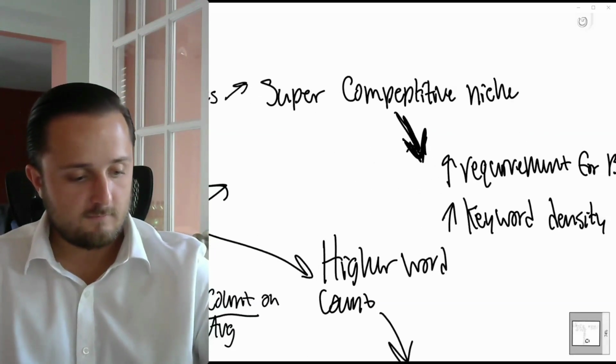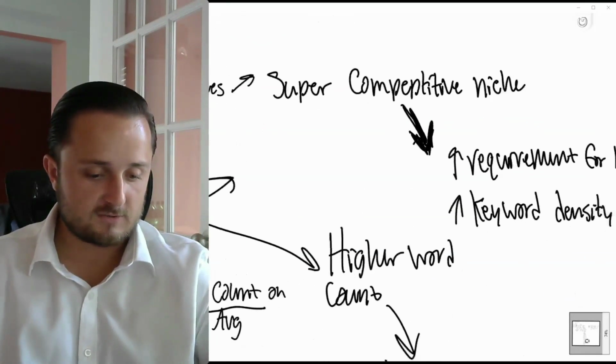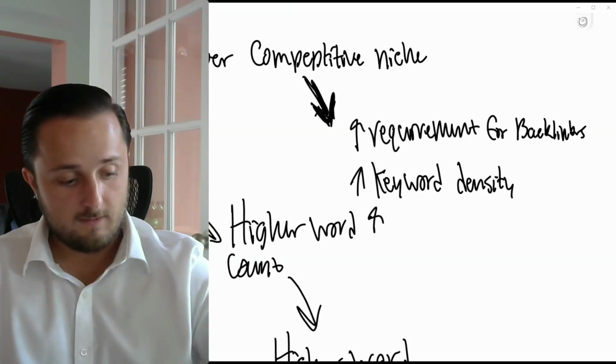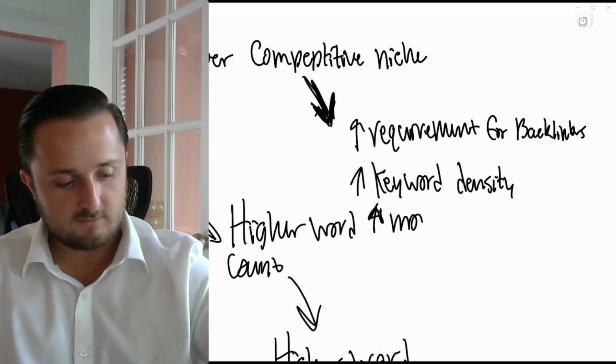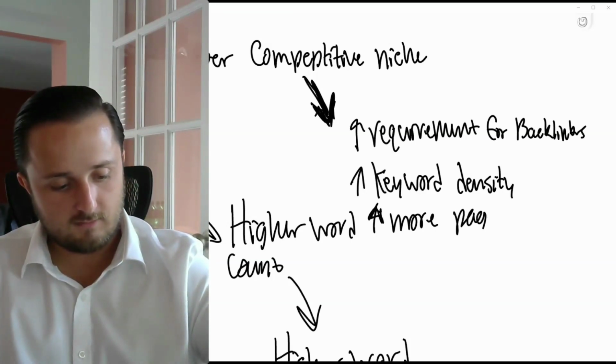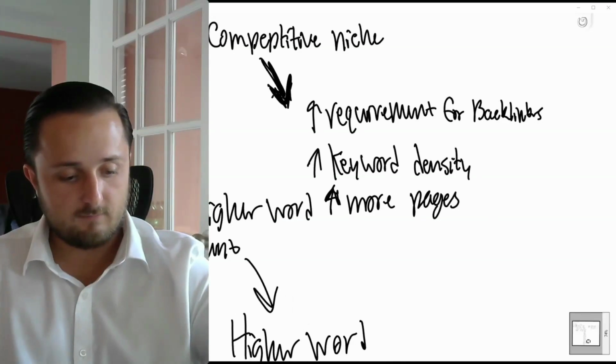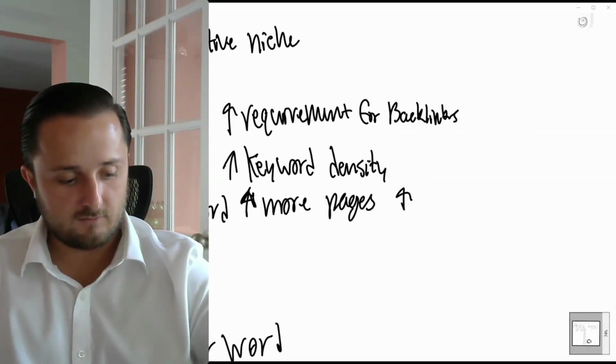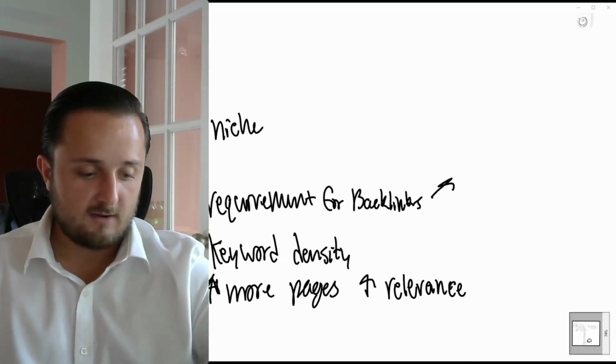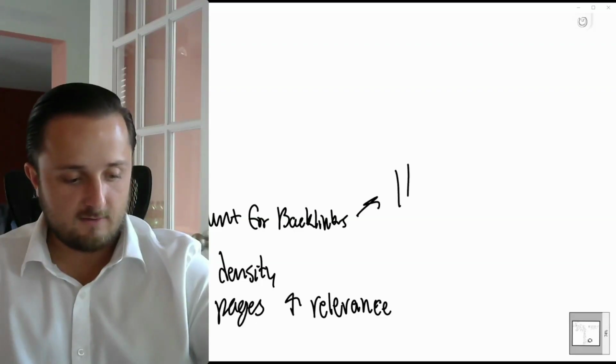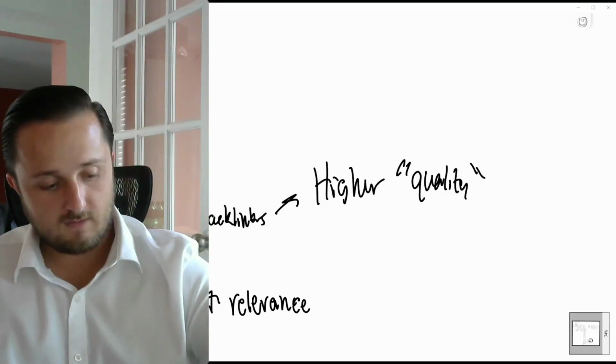Depending on the competition, we might need more pages to internally link from. We might need more relevance from those pages, right? Not only do we need a higher amount of backlinks, but we need a higher quality of backlinks as well to rank for this.